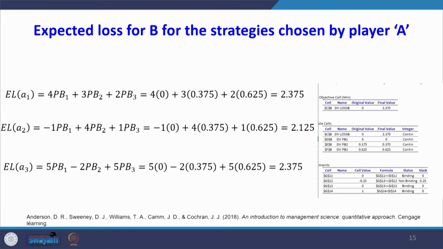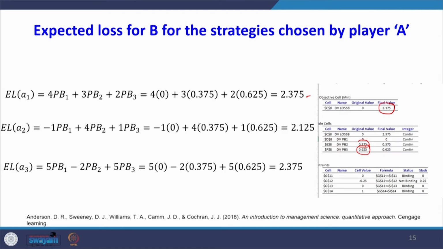Expected loss for B for the strategy chosen by player A. We got the value of the game, the objective function, as 2.375. So, PB1 is 0, PB2 is 0.375, PB3 is 0.625. What do these three equations say?